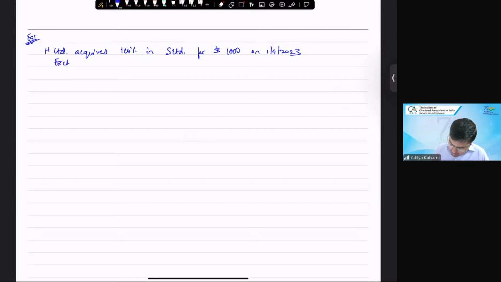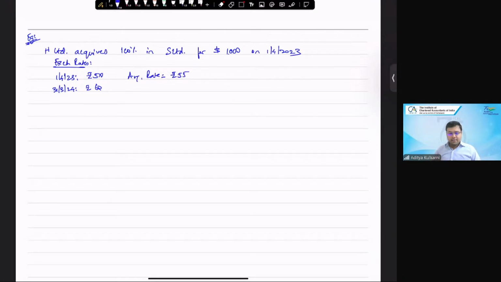Exchange rates: 1st April 23, rupees 50; 31st March 24, rupees 60; average rate, rupees 55.